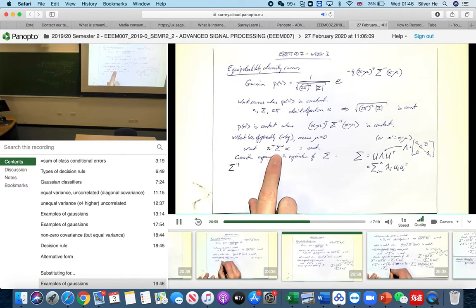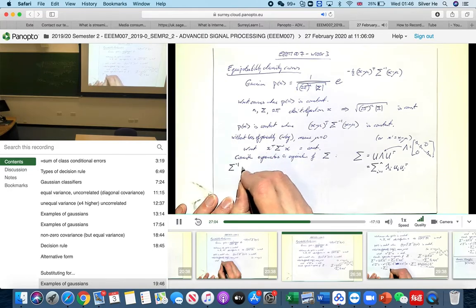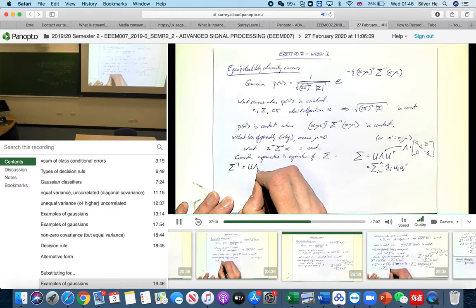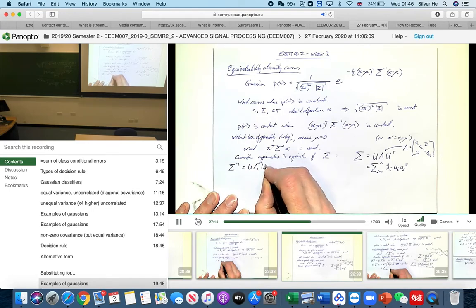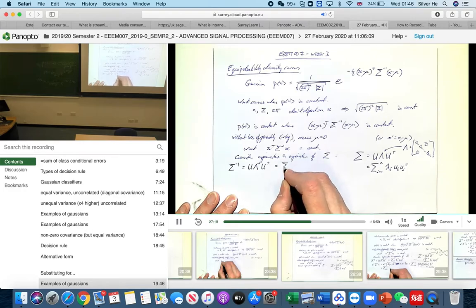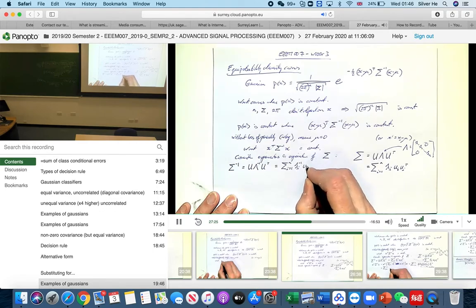Because here, notice we've got sigma to the minus 1 rather than the forward matrix. And so we can break it down using just the same formulation, but this time our eigenvalues are inverted. U lambda to the minus 1 U transpose. In other words, the sum from i equals 1 to n of lambda i to the minus 1 ui ui transpose.